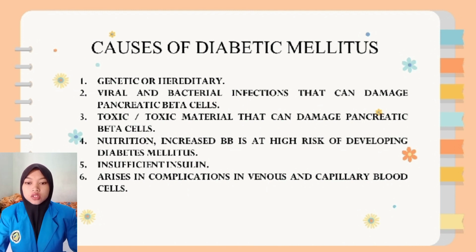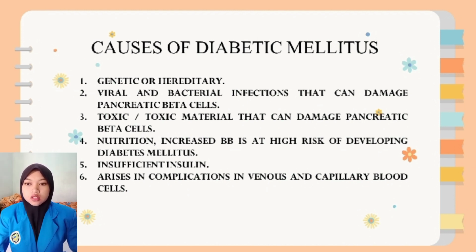The fourth, nutrition increase weight is at high risk of developing diabetes mellitus. The fifth, insulin is insufficient, so insulin injection is needed in people with diabetes mellitus so that this disease can be controlled.